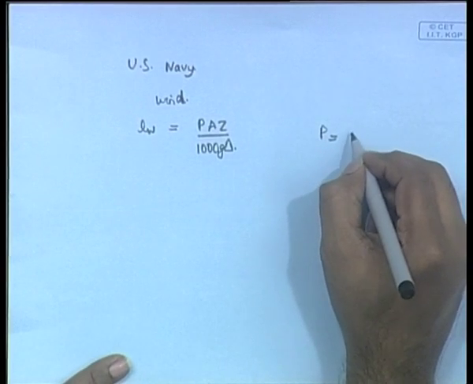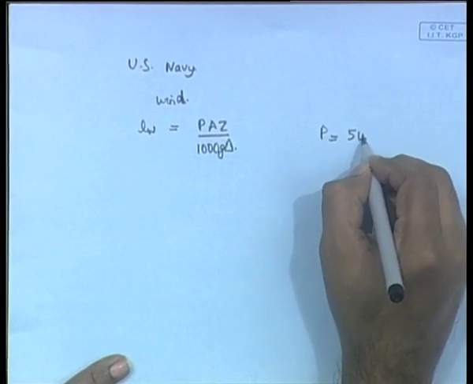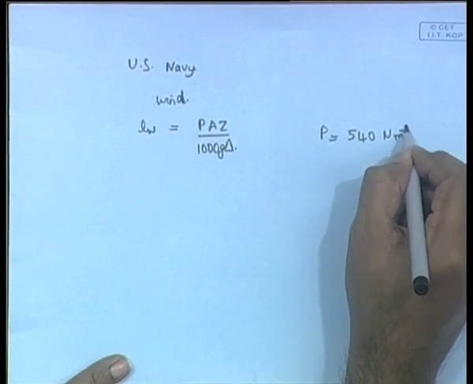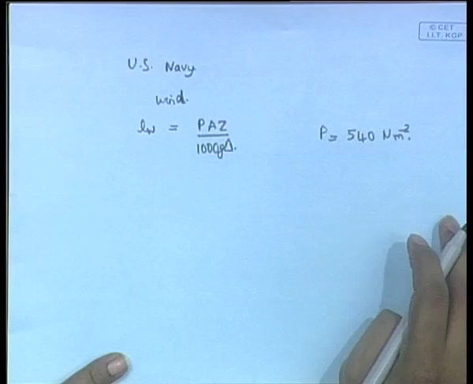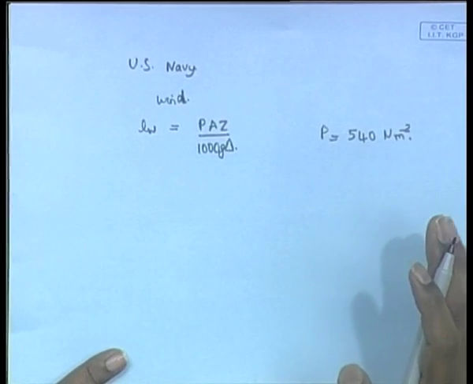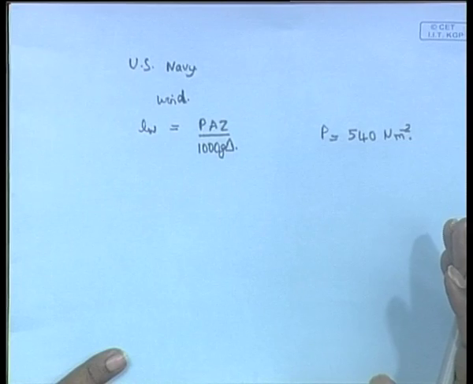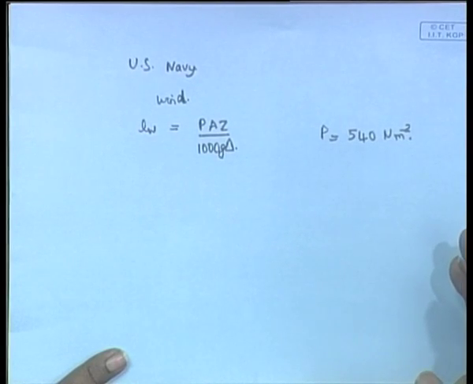So, first of all, what they say is that the wind lever or the heeling arm is given by this formula, PAZ by 1000 G delta. I will tell you what each term is. P is usually defined as the wind stress, and it is given a constant value of 540 Newton per meter square. This is a very high value, the maximum, for instance, that the ship can experience in the most violent weathers.